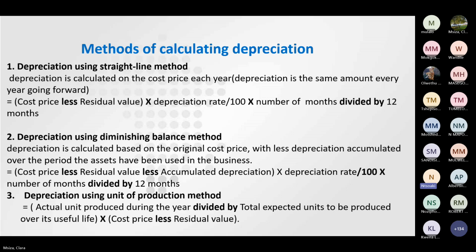You take 100,000 times 20%, and then you get 20,000, which is your accumulated depreciation for year one for both methods. But when you do diminishing balance, you take that 100,000, you minus the first year, which is 20,000, and then to get to the second year for a diminishing balance, you times it by 20%, which you will get 16,000.